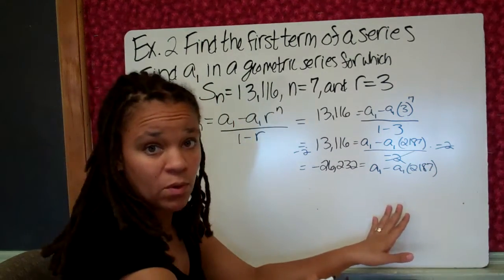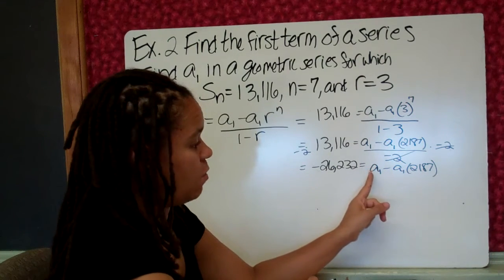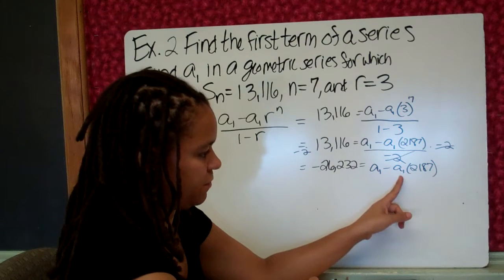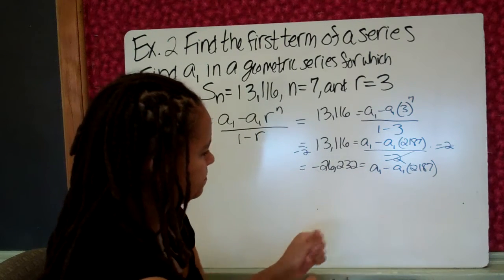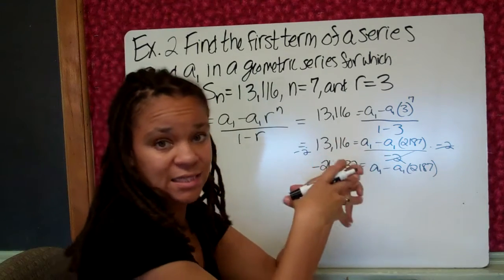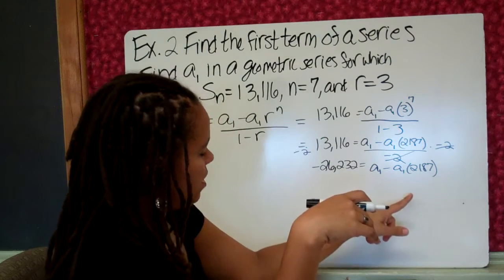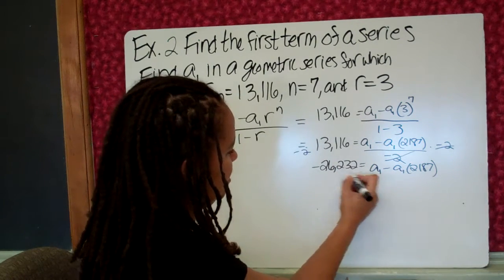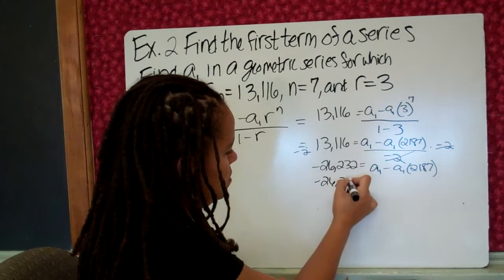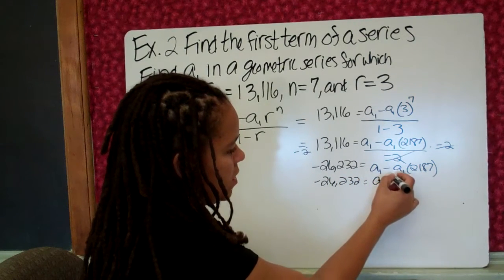At this point, we're going to factor out that A1 because there's an A1 in this term and an A1 in this term. I'm going to keep that equal sign there. If we do that, then we can isolate A1 and then solve. So I'm going to factor out A1, okay?